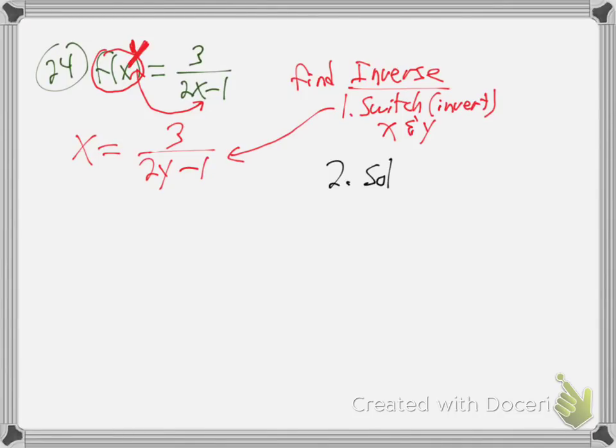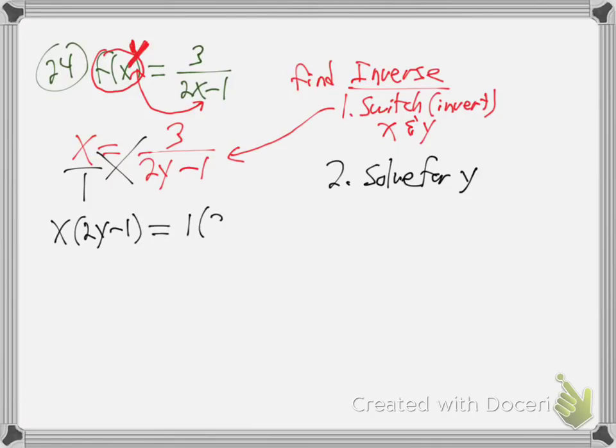Step 2 is solve for y. So get y alone. So how am I going to do that? Put this over 1, go diagonal, diagonal. So I'll get x times 2y minus 1 is 1 times 3. And then I will distribute: 2xy minus x is 1 times 3 is 3. Now I'm trying to solve for y, right?